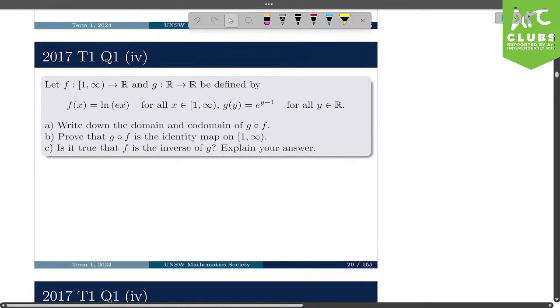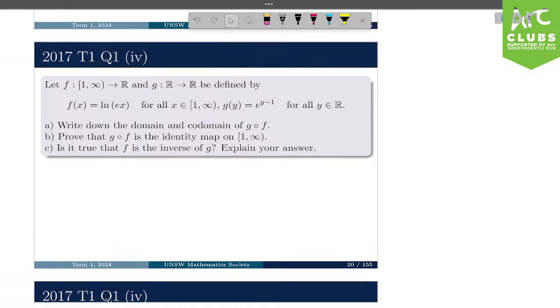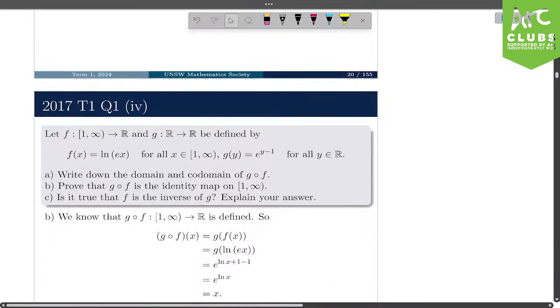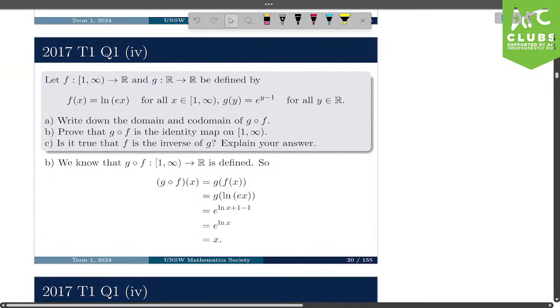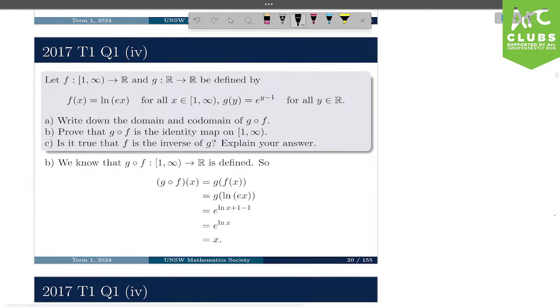All right, part B, we're asked to prove that g of f is the identity map on this interval, 1 to infinity, right? So basically, it's the identity function. It always returns its input. So let's evaluate g of f, right? g of f of x is g of the natural log of x plus 1, which returns e to the power of natural log of x plus 1, and that's all raised to the power of e minus 1, okay?